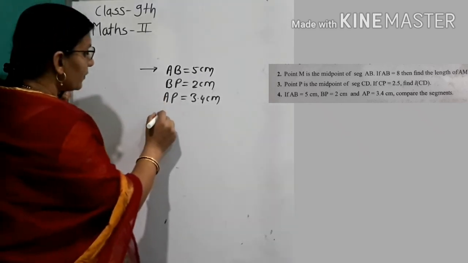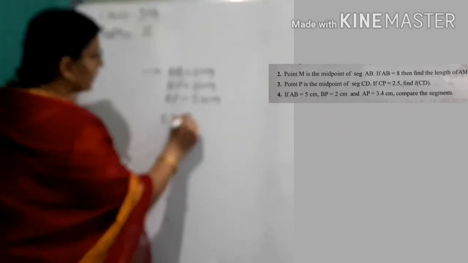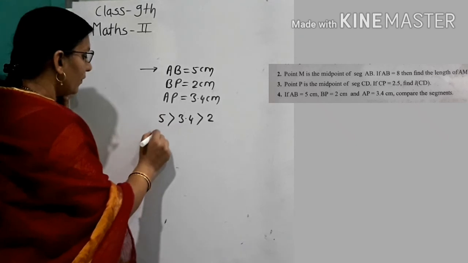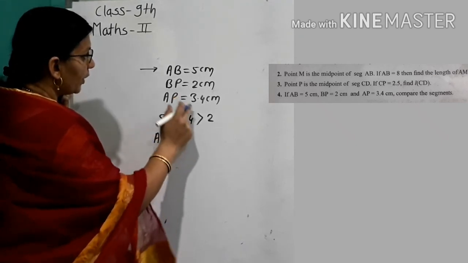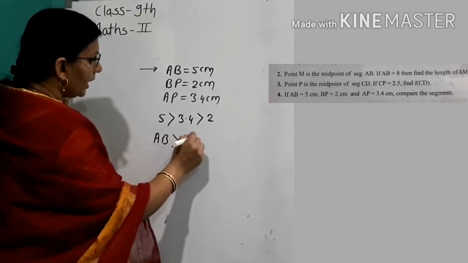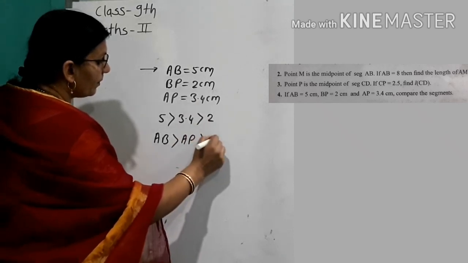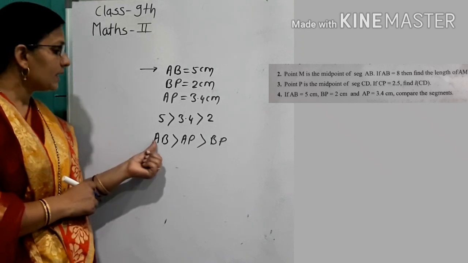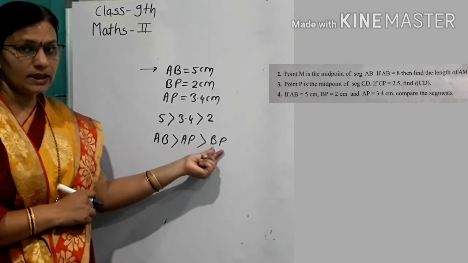By observing this, 5 is greater than 3.4 is greater than 2. 5 is the length of AB, 3.4 is the length of AP and 2 is the length of BP, and here the largest segment is AB and the smallest segment is BP.